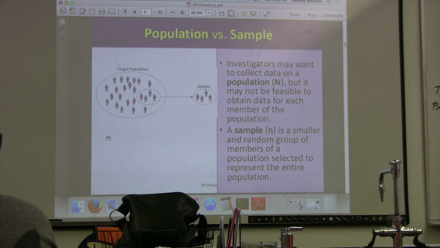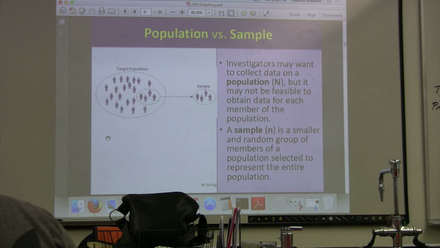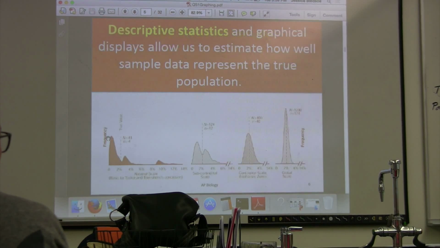What you want instead is to actually randomize and assign everybody a number. You've probably done this if you're in statistics. So if you're asked to design an experiment that talks about a target population, the number one thing is to make sure you randomly select your population out of your total population or your target population, whether it's an age group or people that have this particular type of cancer, or whatever the prompt asks you to talk about.